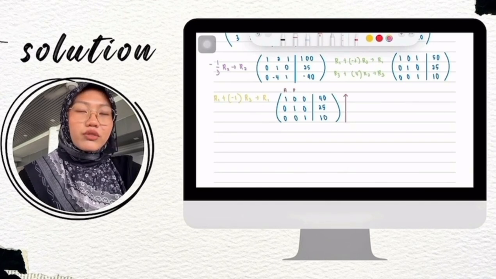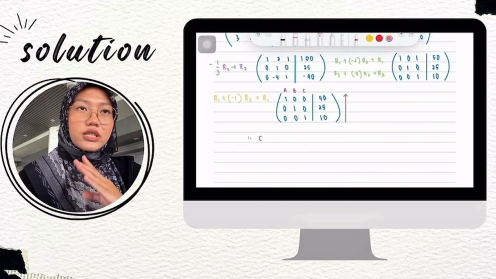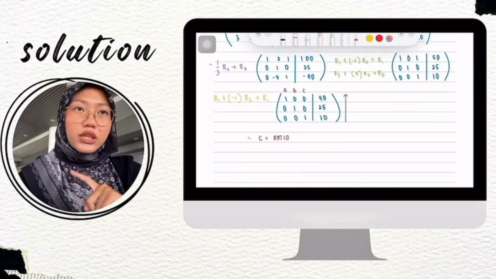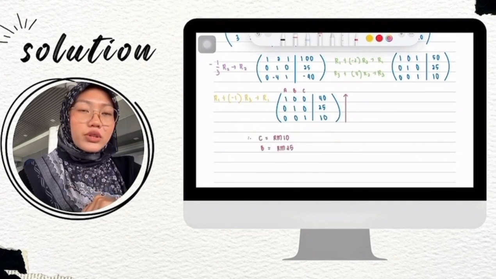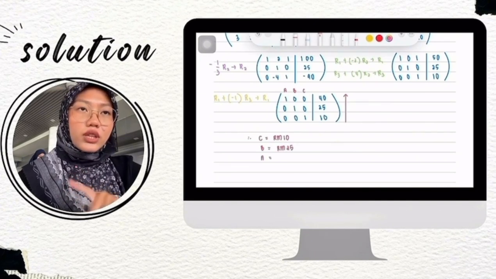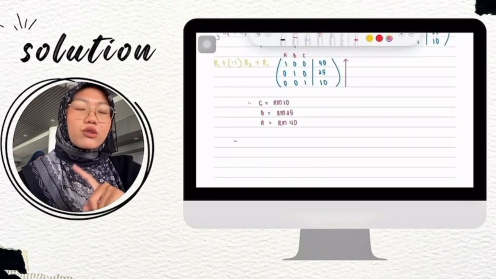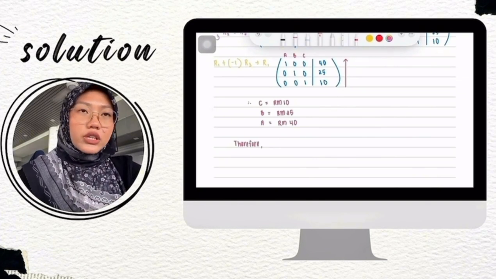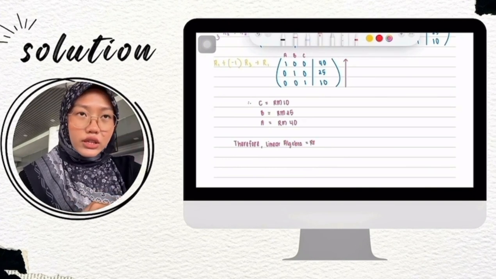Here we need to read it from below to up, where the first column is A and the second column we will let it be B and the third column is C. So here as we read the matrix, C is equal to 10, B is equal to 25, and A is equal to 40. In the previous slide, we already mentioned that A is the linear algebra book, which we get equal to 40 ringgit.